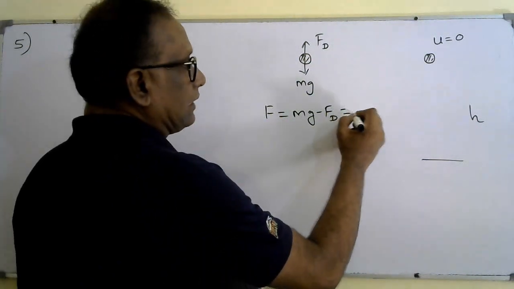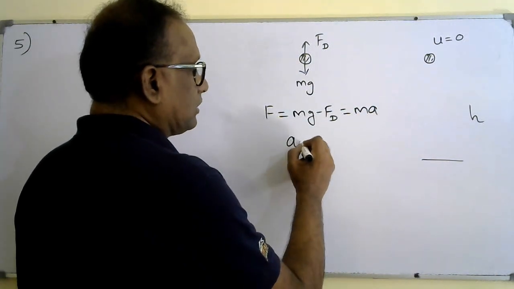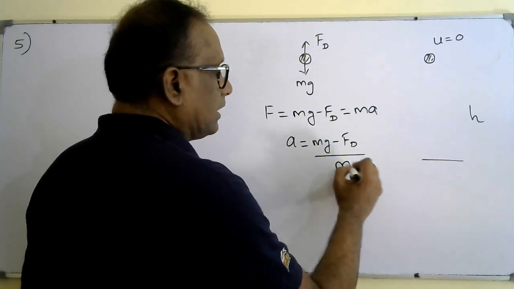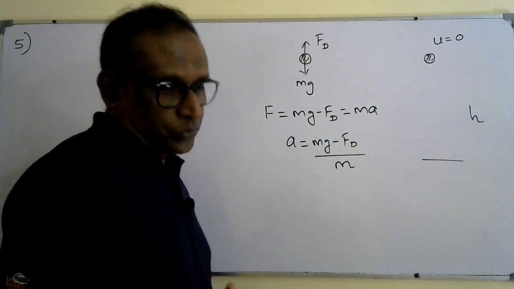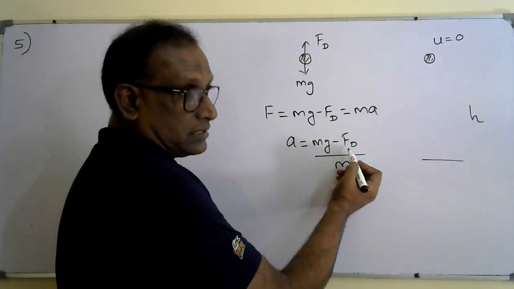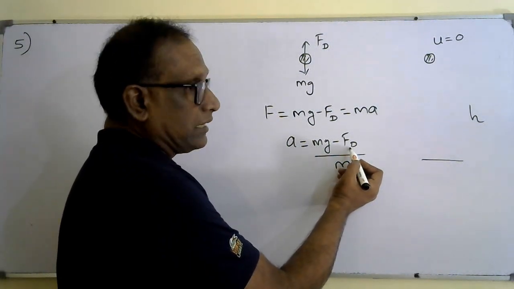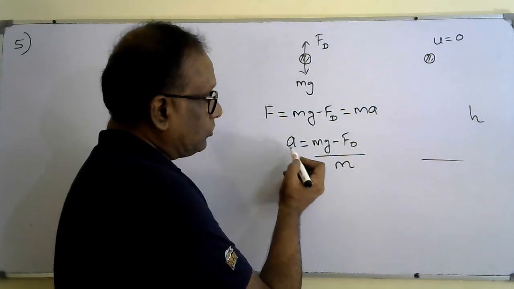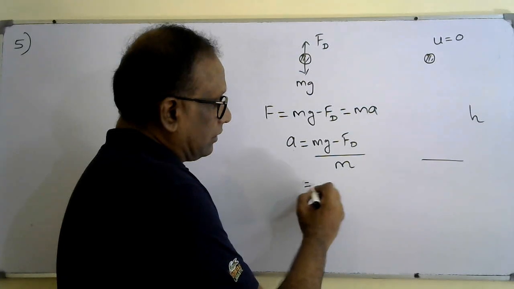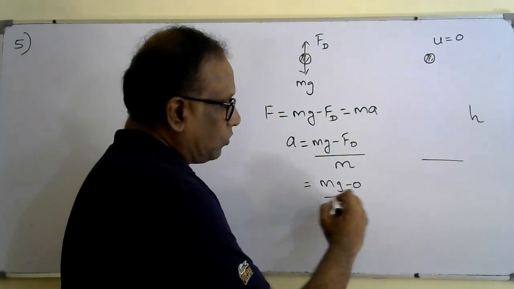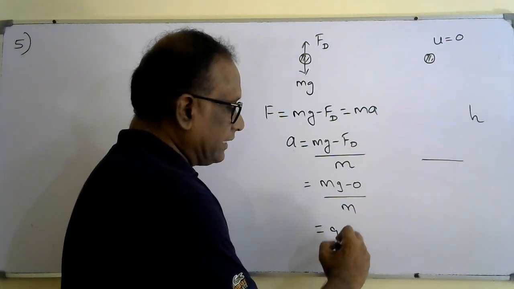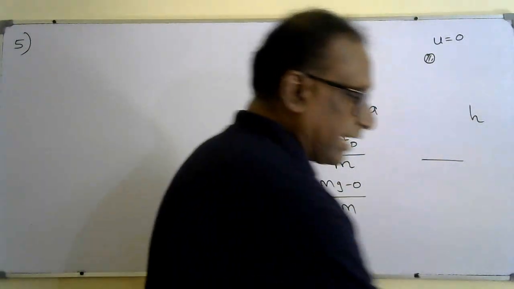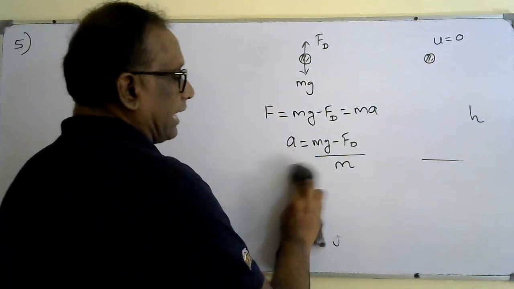F equals ma, so a is equal to (mg minus Fd) over m. But normally, when we consider such questions, we assume the drag force does not exist. So when Fd becomes 0, acceleration will become (mg minus 0) over m, that will be g. Normally we take it like that when there is no drag force. But here they are saying there actually is drag force, but the student thought there is no drag force.